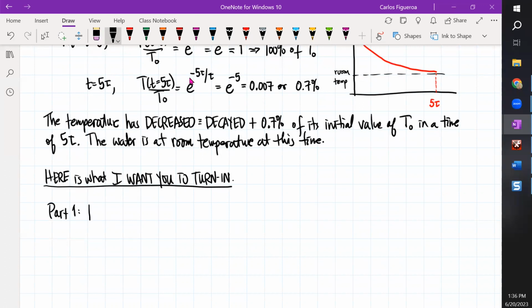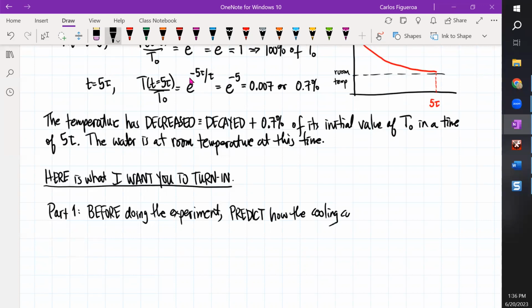Before doing the experiment, predict how the cooling curves of what?